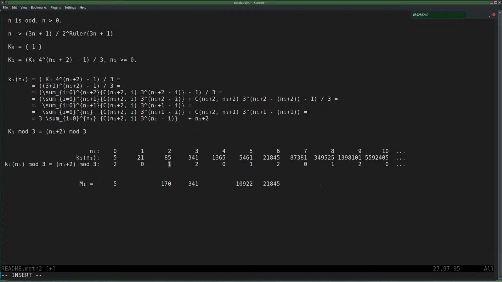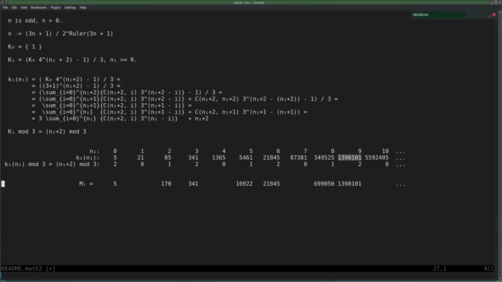This one must be multiplied by 2 again. 349525 times 2. That's 699050. And then we just get this one, and the next one we skip again, and so on.